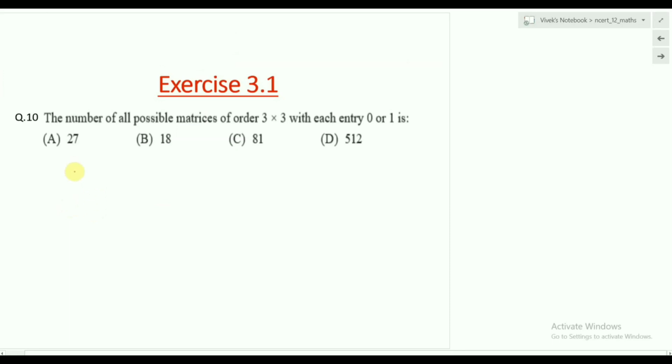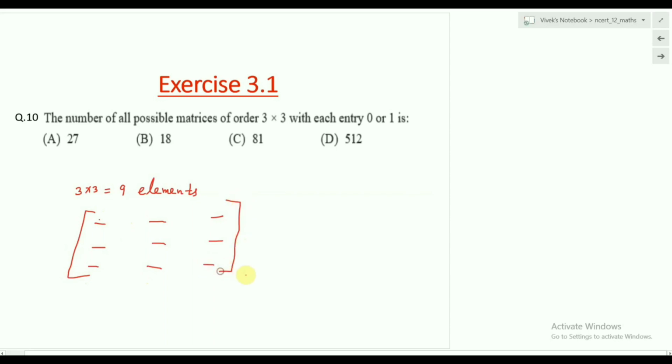Okay, first of all, in 3 cross 3 matrix, how many elements should be there? 9 elements will be there. Okay, so what will be the format? Format will be, here you will get something you have to fill here. These 9 places you have to fill by either 0 or 1.